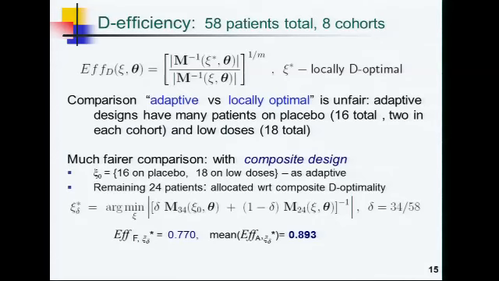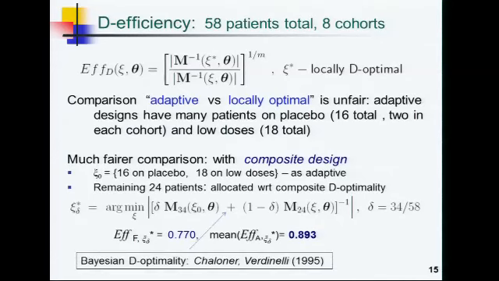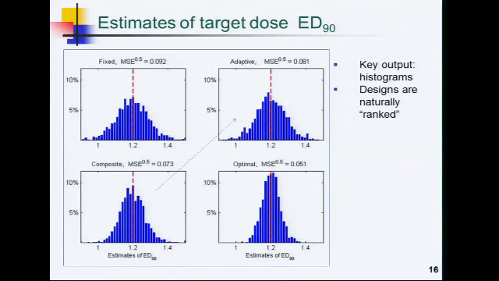I think it's a pretty good performance, and this criterion is exactly what's called Bayesian D-optimality in the classic mainstream design literature. You can check Valery's book or the survey paper by Chaloner and Verdinelli in 1995. This is exactly the Bayesian optimality criterion which uses the prior information.